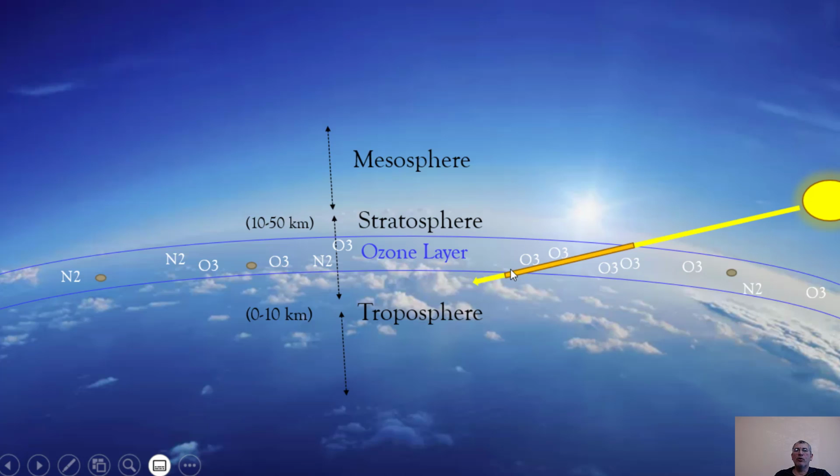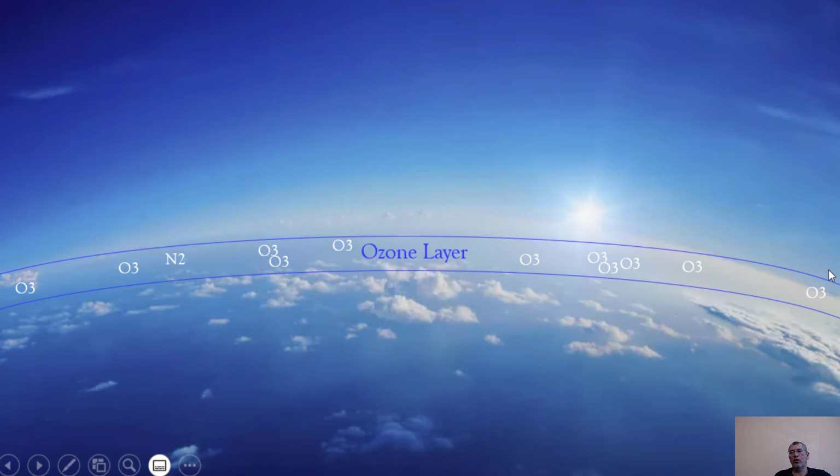The sun beam traverses, as you see, less space inside the ozone than when the sun is really close to tangent with Earth, like in this case here. Notice this space that was traversed by the sun.